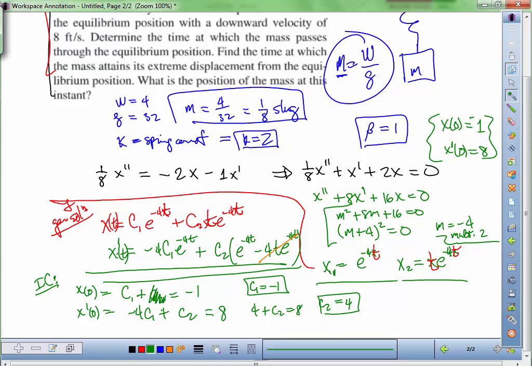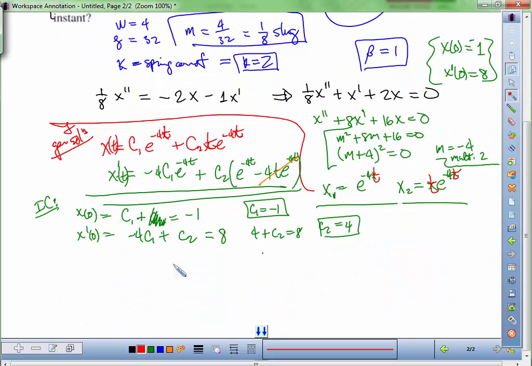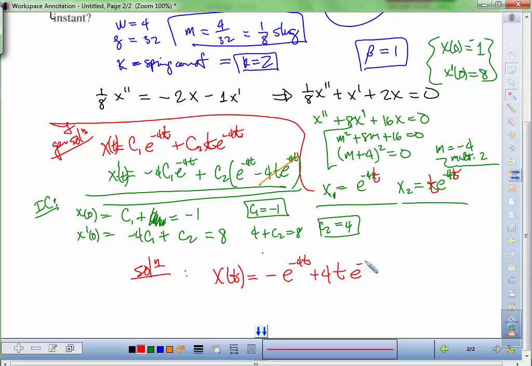And then you can just finally write your solution: x of t is equal to negative e to the negative 4t plus 4t e to the negative 4t. Any questions?